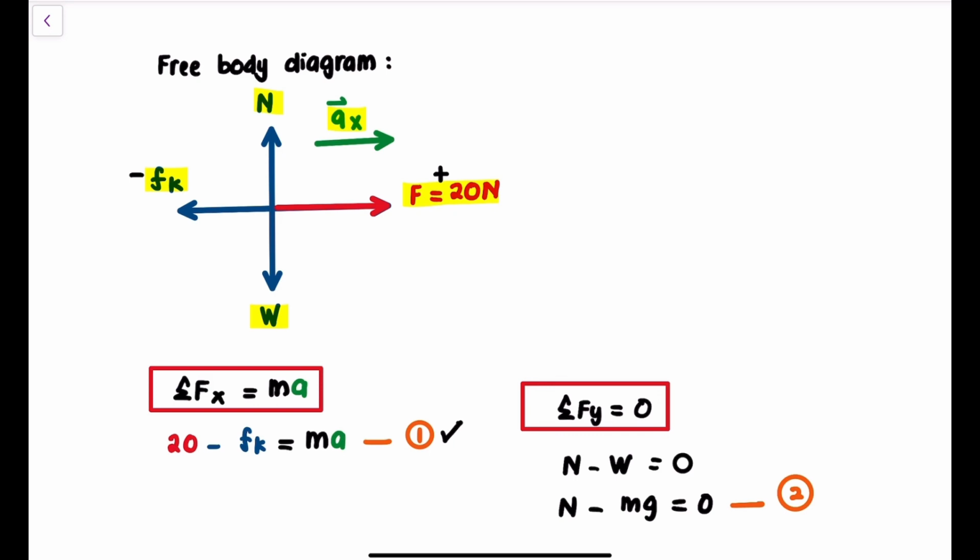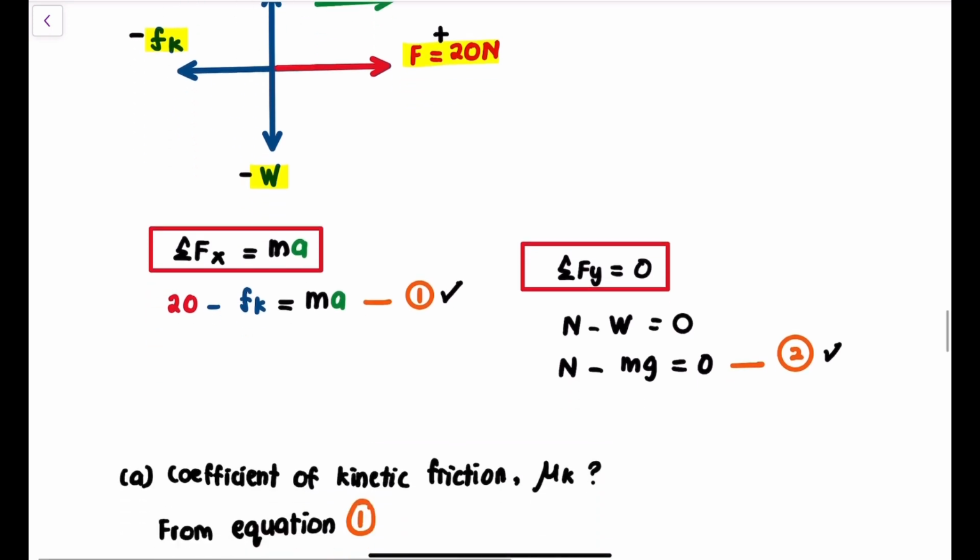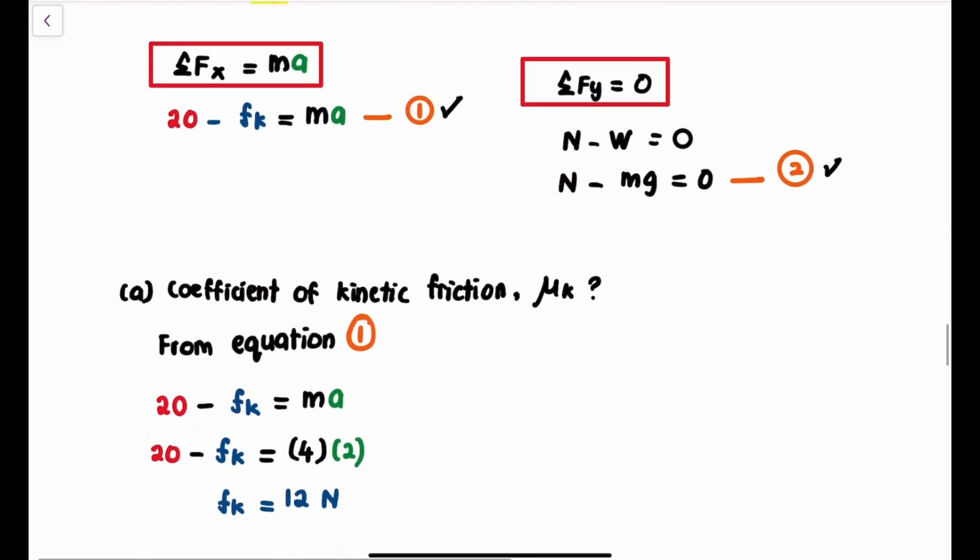For the y-axis, upward force is positive, downward force is negative. So therefore, we can write N minus mg equals 0. To calculate the coefficient of kinetic friction mu k, refer to equation 1 and substitute the acceleration of 2 meter per second squared and the mass of 4 kg.